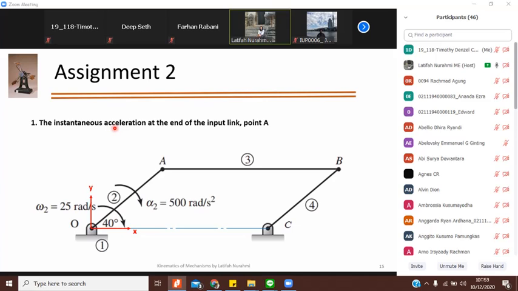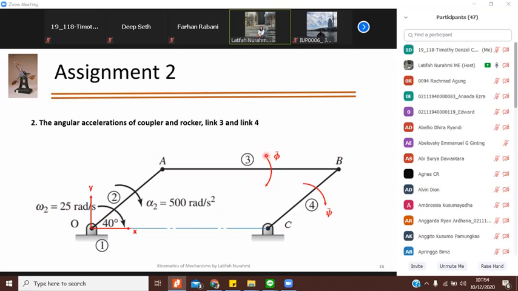First, put the coordinate like this. You know the coordinate at x and at y. You draw the direction of x and y, and then you draw the normal direction and the tangential direction. The tangential direction will be pointing to this direction because the acceleration is clockwise, and so the velocity is also clockwise. And how about the coupler link and the output link?